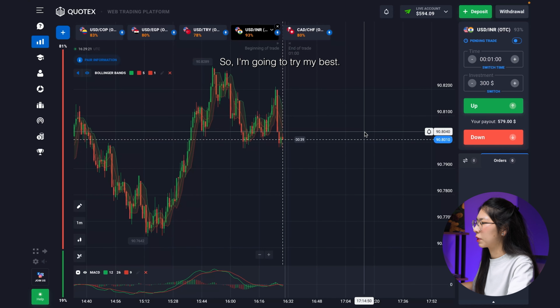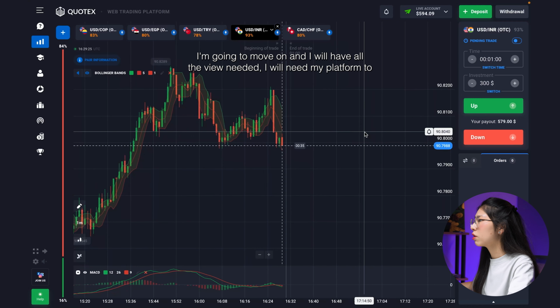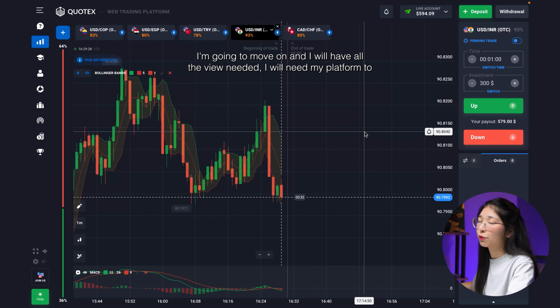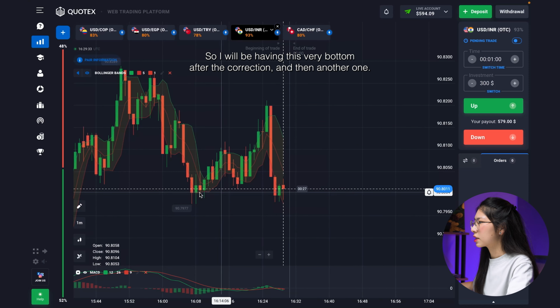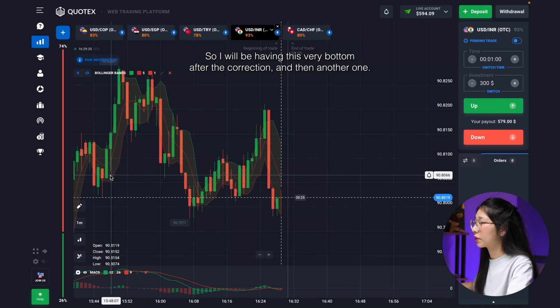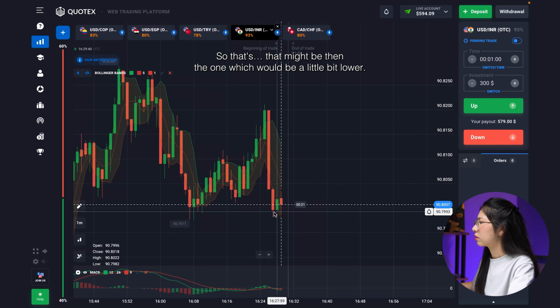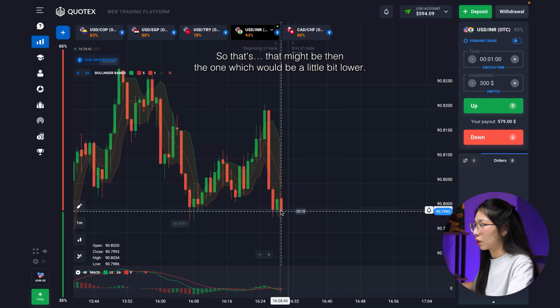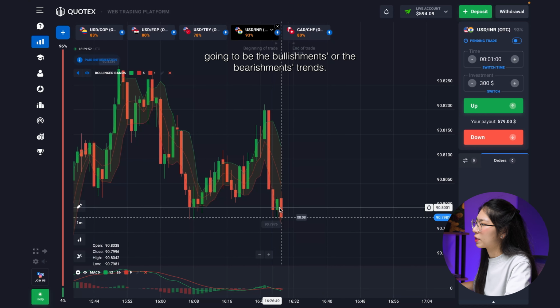So I'm going to try my best and move on, and I will need my platform to be seen like that. I will have this very bottom after the correction, and then another one, which would be a little bit lower. I'm not even sure, maybe it's going to be a reversal, because I don't know if it's going to be a bullish or bearish trend.